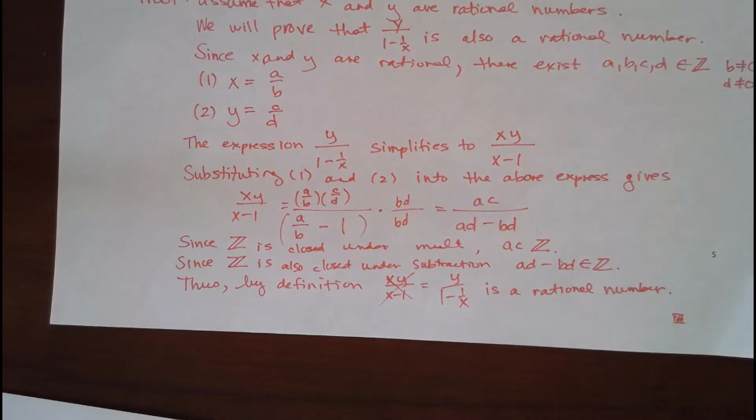So if I take an integer and another integer and I divide them, can I guarantee that the answer is always an integer? No, because if I take 2 and divide it by 5, I get 2/5, which is not an integer. So it's not closed under division, but multiplication, addition, and subtraction, any of those operations, if you use that operation on two integers, you always get an integer as an answer. That's what it means for it to be closed.